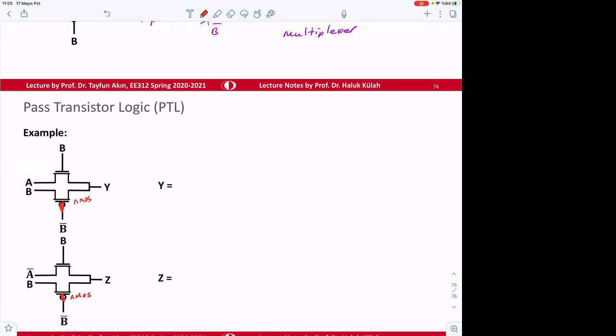So if the A and B and then all these are placed like this, this is going to be also a logic, like when B is equal to 1, Y is going to be equal to A, and when B is equal to 0, Y is going to be equal to B, and since B is equal to 0, output is going to be 0. So this gives us the logic, Y is equal to A dot B. Okay, so it's correct.